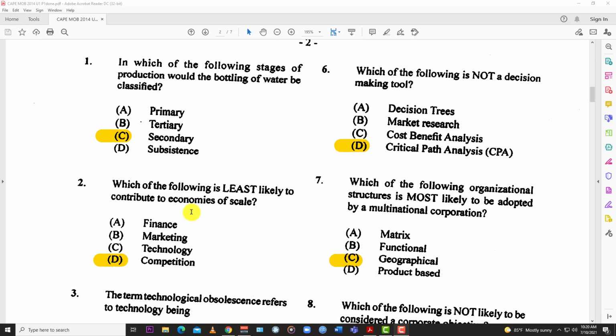We're going with D, competition, because the other options, finance, marketing, technology, can help a business grow and even reduce costs or gain advantages from growth. For example, with improved technology the business can produce more, with higher output and more efficiency, and so that can lead to economies of scale.